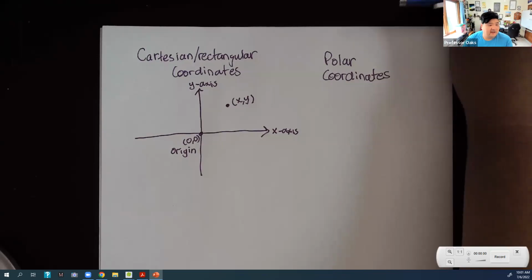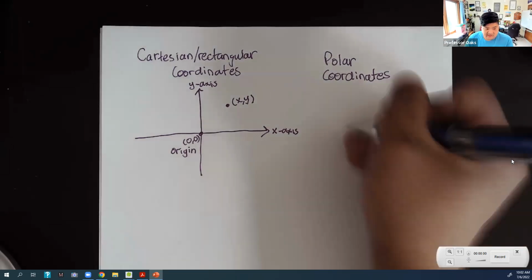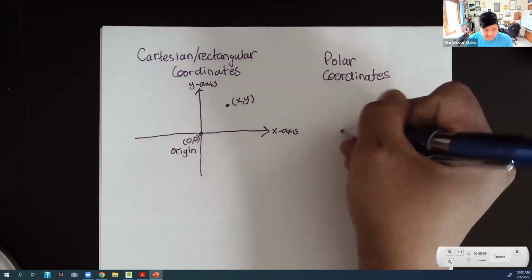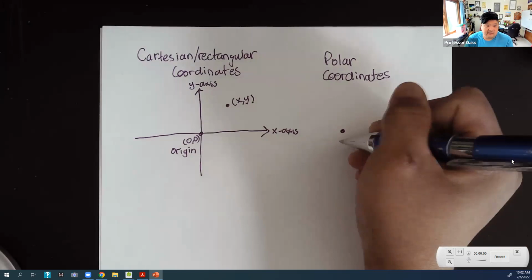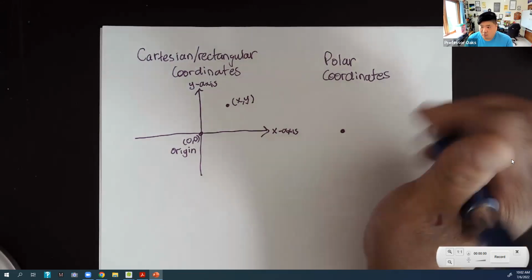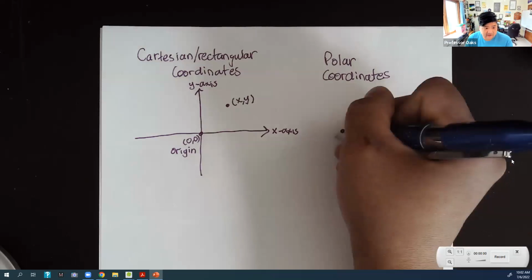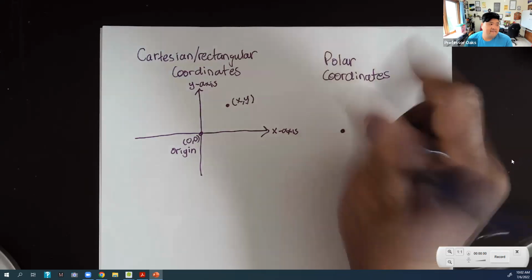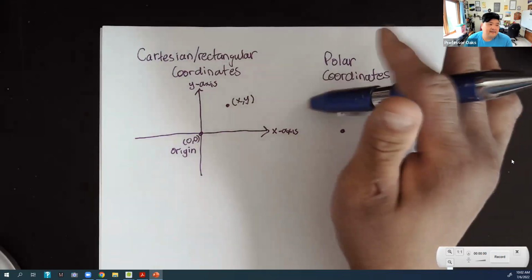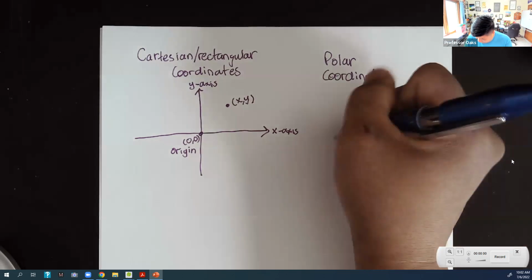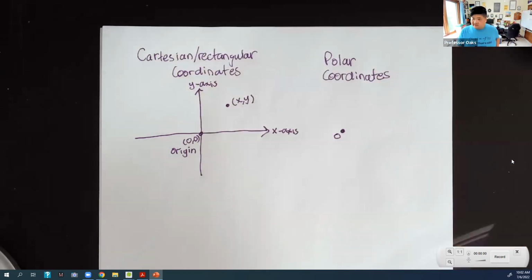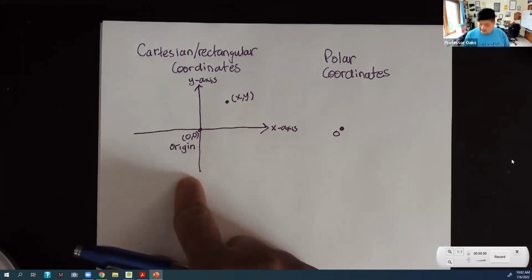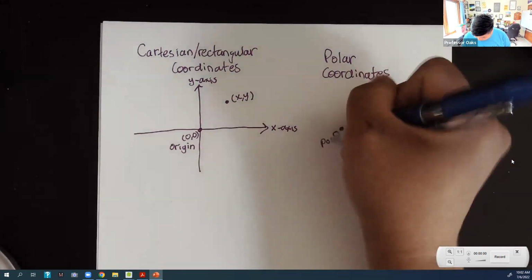But what I want you to notice is that in polar coordinates, what you have is a point O, and this is called the, what do you call it? The point O corresponds to the origin over here, but you just call it the pole.